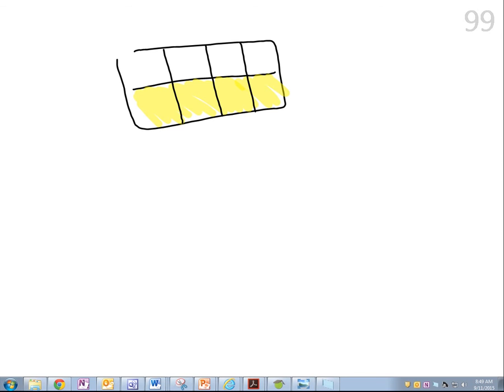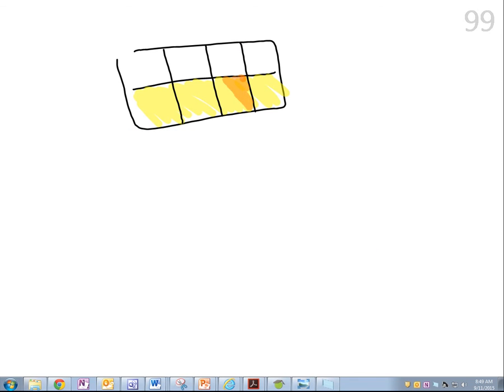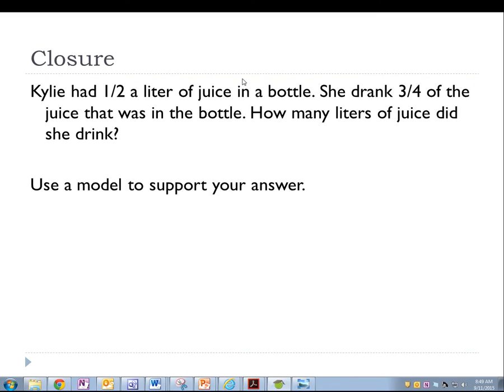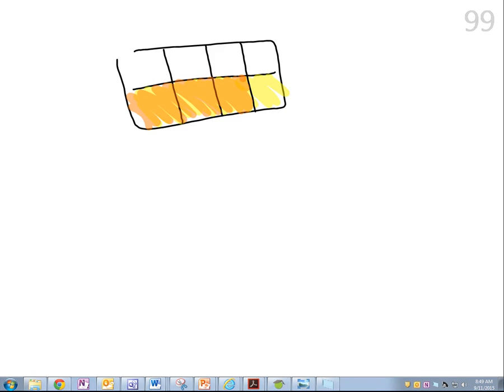We drank 3/4 of it. So of that little bit, we drank this much of it. See how the part that's orange is the part that we drank of that half? So we drank 3/8 of it, because that's how it's modeled. Does that make a little bit more sense now?